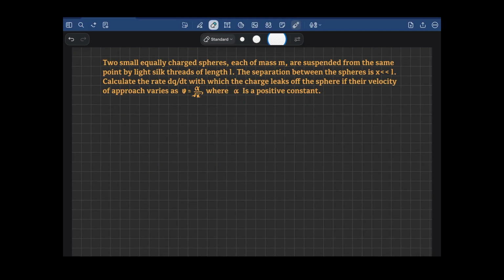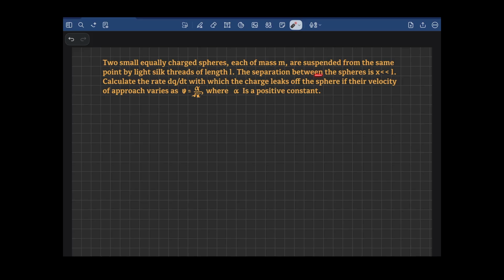Here the question says, two small equally charged spheres, each of mass m, are suspended from the same point by a silk thread of length L. Two silk threads are there, both of each length L, and two masses are hanging from the same point through the two threads.